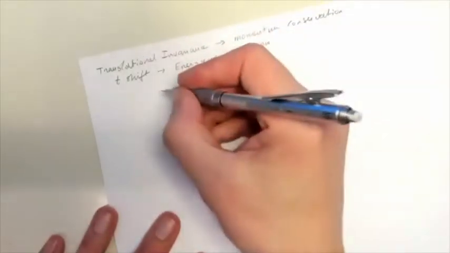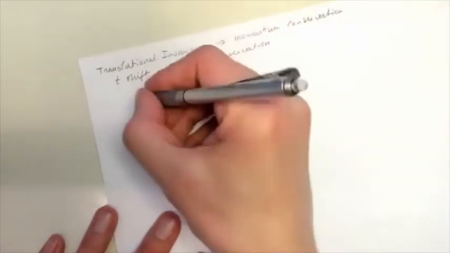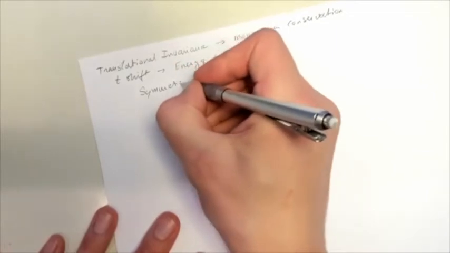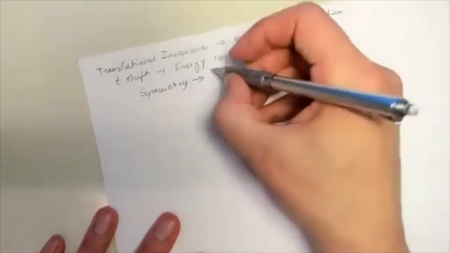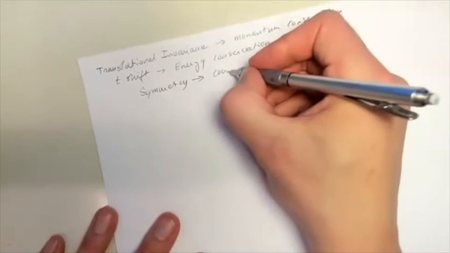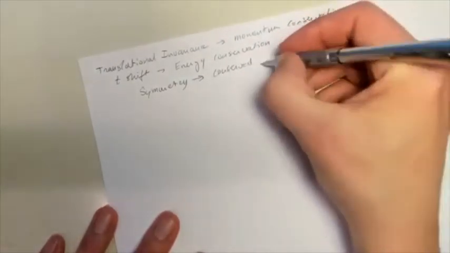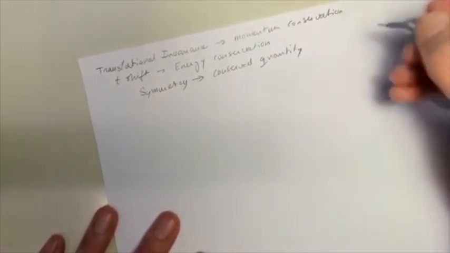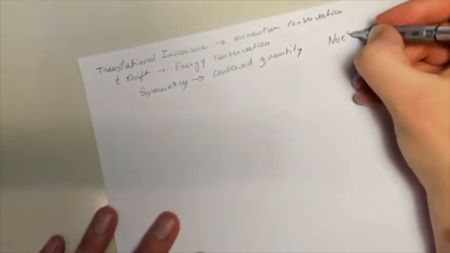And the general argument is always that if you have some kind of symmetry, then that usually implies that there is a conserved quantity. And that's basically Noether's theorem.